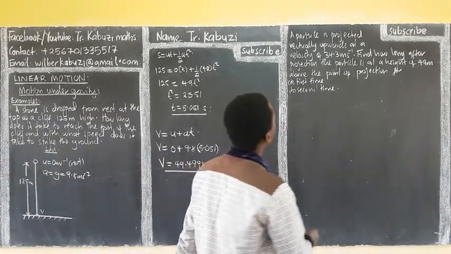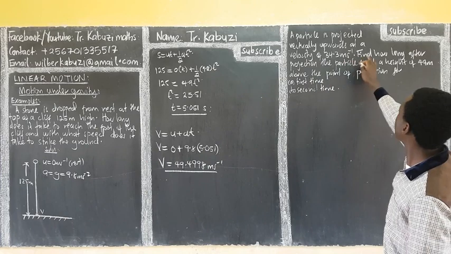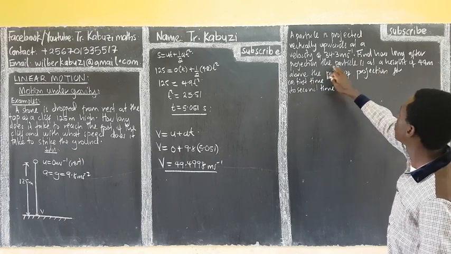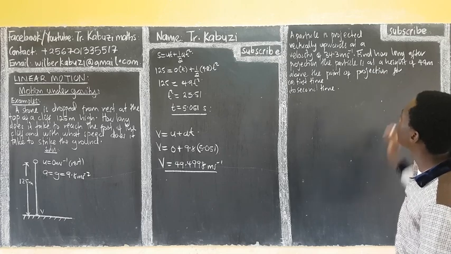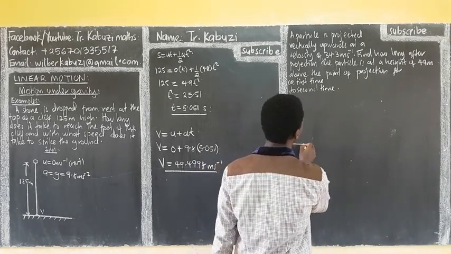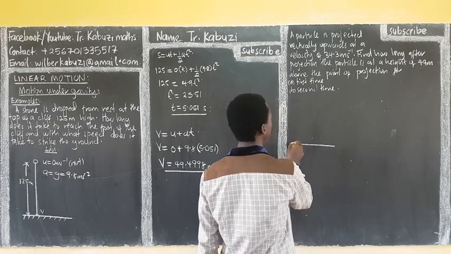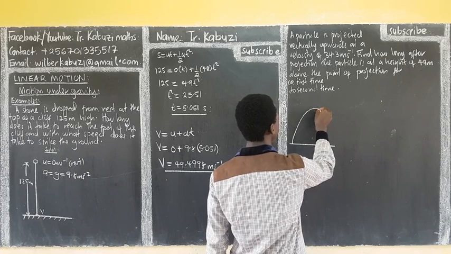Now in this one, a particle is projected vertically upwards at a velocity. Find how long after projection the particle is at a height of 49 meters above the point of projection. So here, we start with a simple sketch, assuming we are projecting it from here, and then like that.